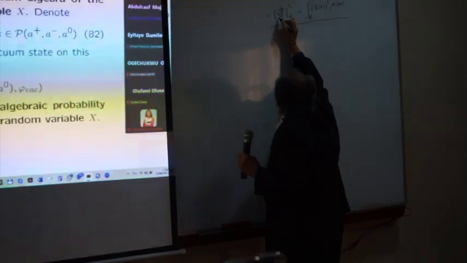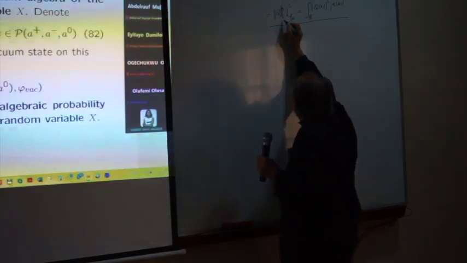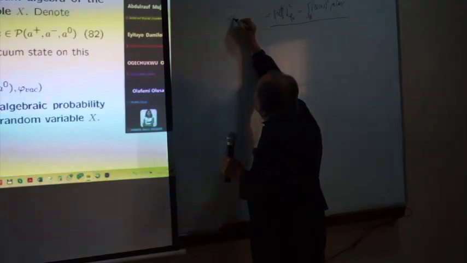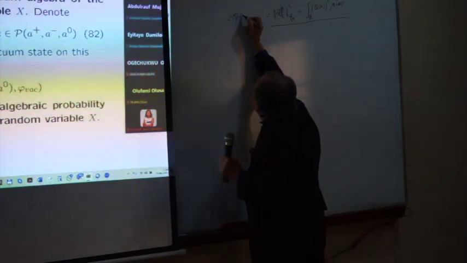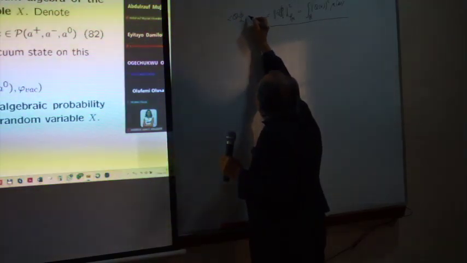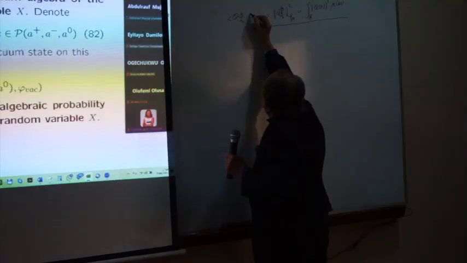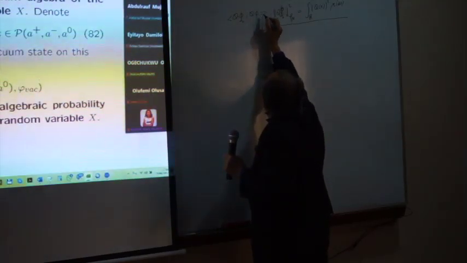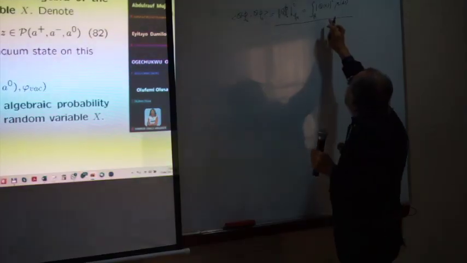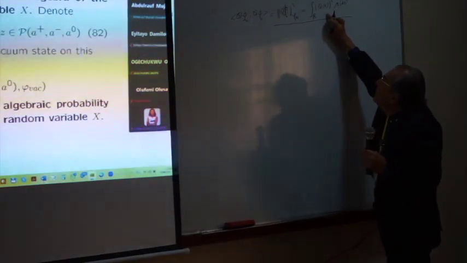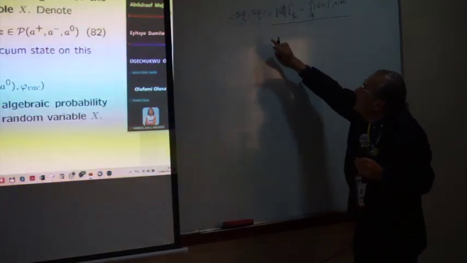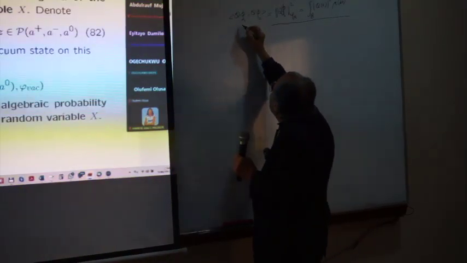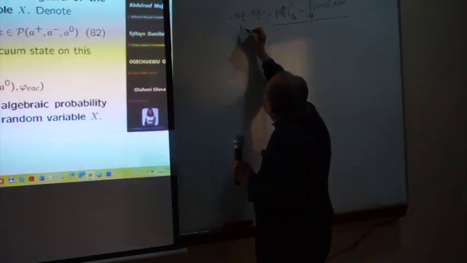So this polynomial multiplied by, but what is phi 0? So this is the scalar product.